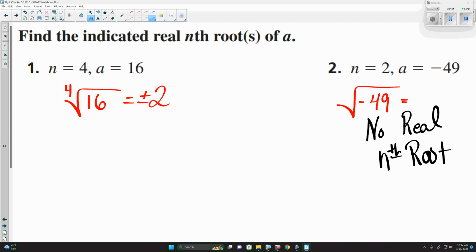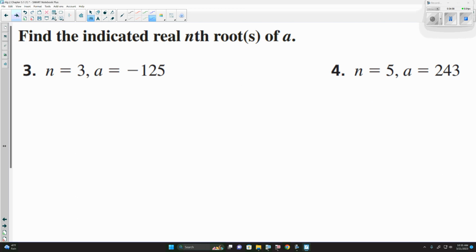Because the square root of 49 is 7, but the square root of negative 49 is negative 7i, which is not a real root. No real root.